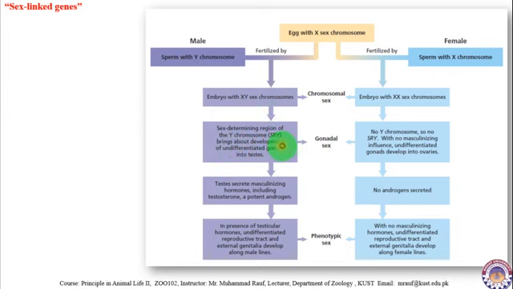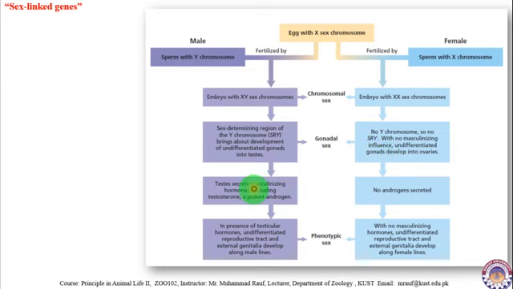The SRY gene changes the undifferentiated gonads into testes, and if there is no Y chromosome present, that means there will be no SRY gene, so the undifferentiated gonads will automatically develop into ovaries, means the undifferentiated gonads by default develop into ovaries unless a Y chromosome is there.